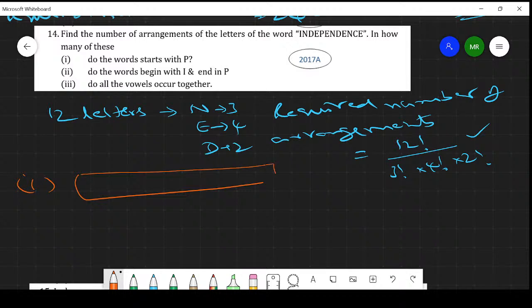This is a 12 letter word, 1, 2, 3, up to 12. You fix P here, and the remaining 11 places I should fill. Now the required number of words starting with P, already P I fixed here.